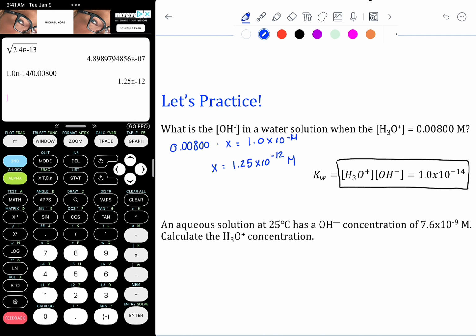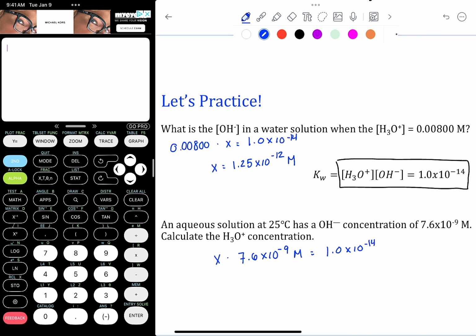And in our last example, we're going to do the same thing, except we know OH minus, we know our hydroxide ion concentration, and we want to solve for our hydronium ion concentration. So we have x as our hydronium ion concentration, and our hydroxide is 7.6 times 10 to the minus 9 molar, and that is equal to 1.0 times 10 to the minus 14 as Kw.